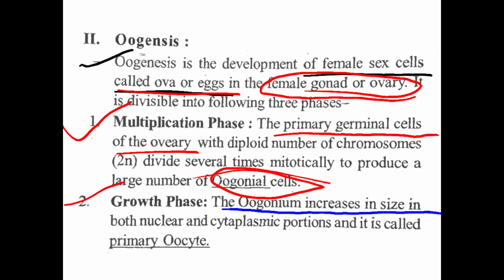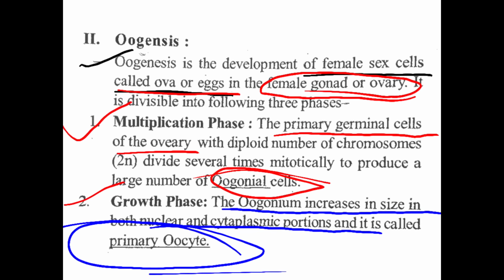The oogonium increases in size in both nuclear and cytoplasmic portions, and it is called the primary oocyte.